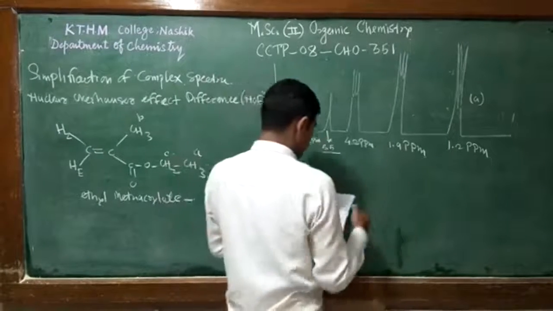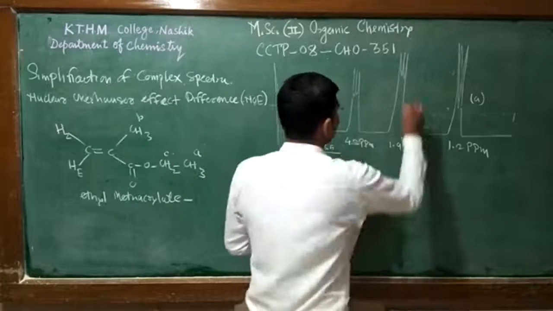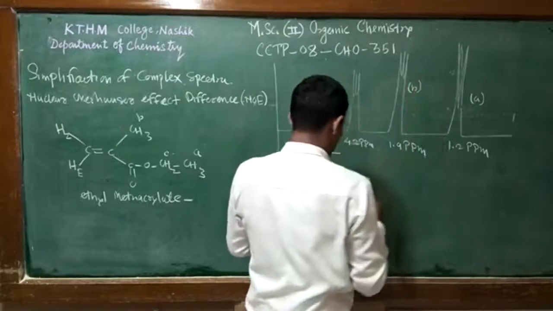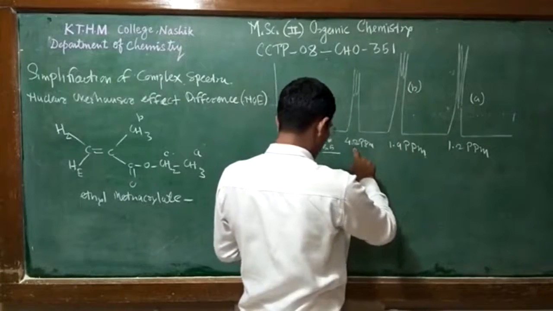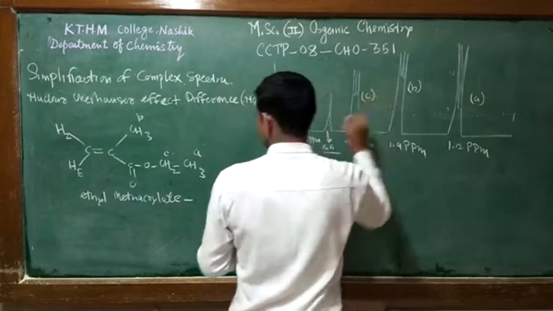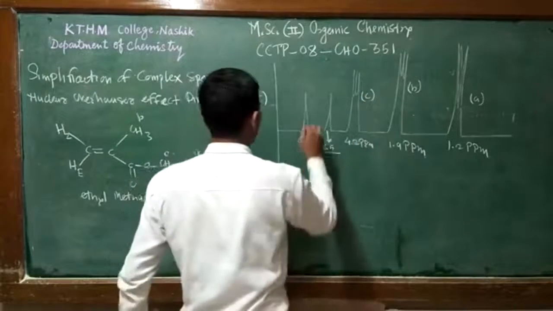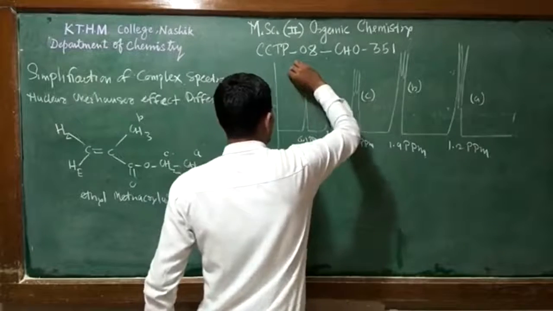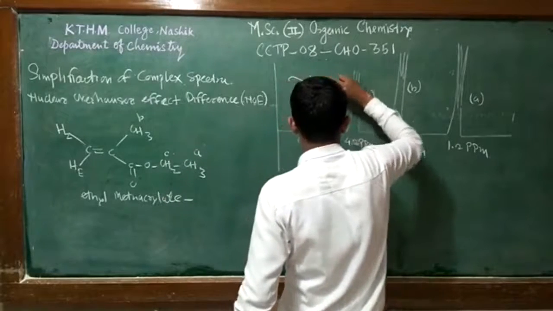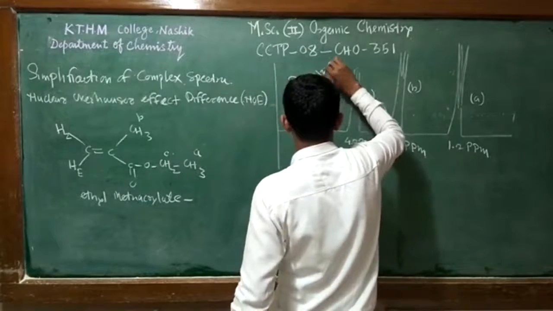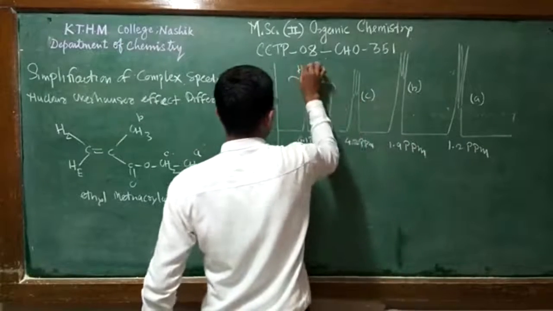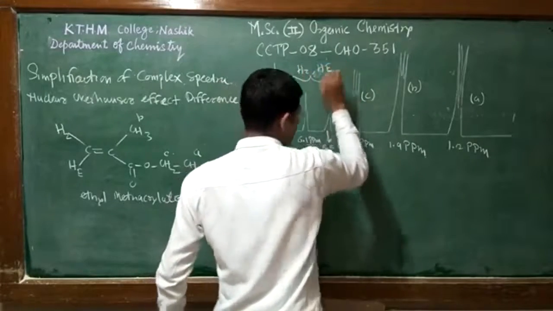So 1.9 ppm is because of the B proton, 4.2 is because of proton C, and this is because of HZ or because of HE.